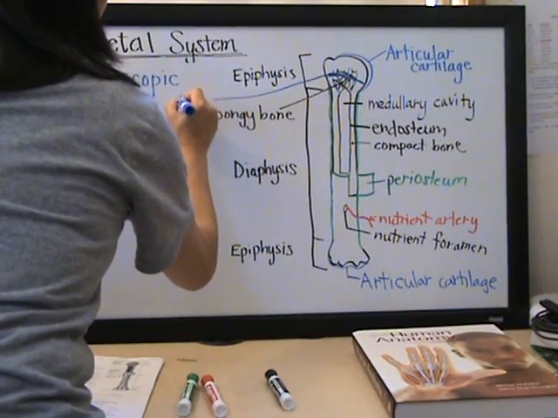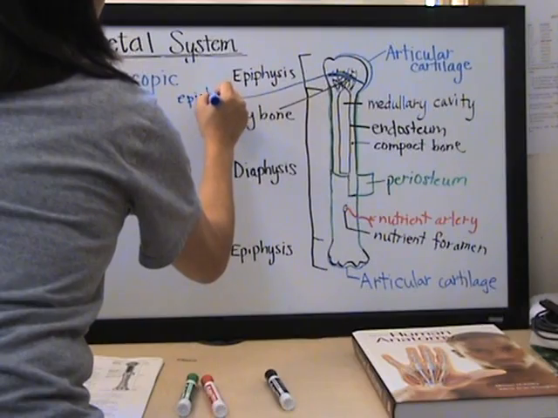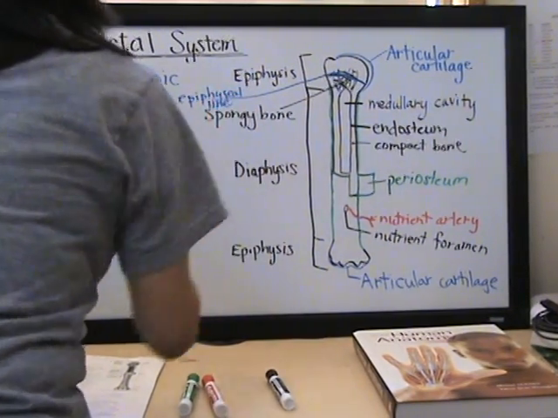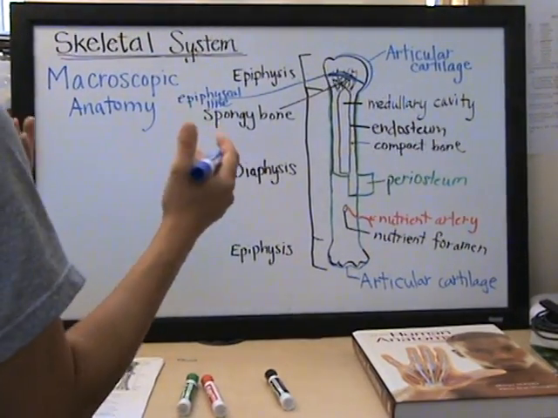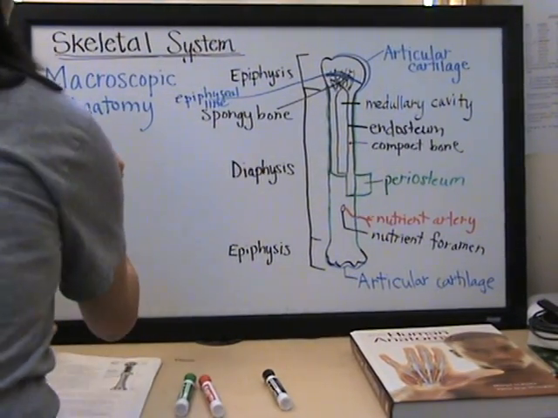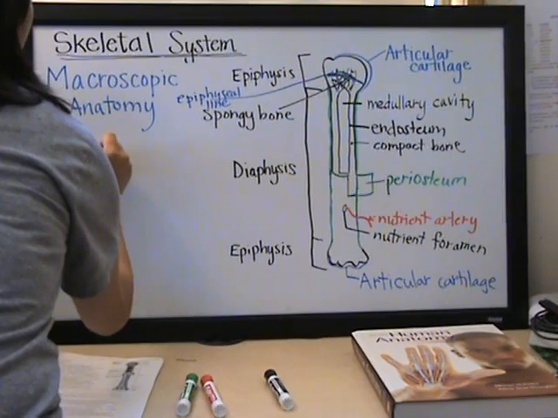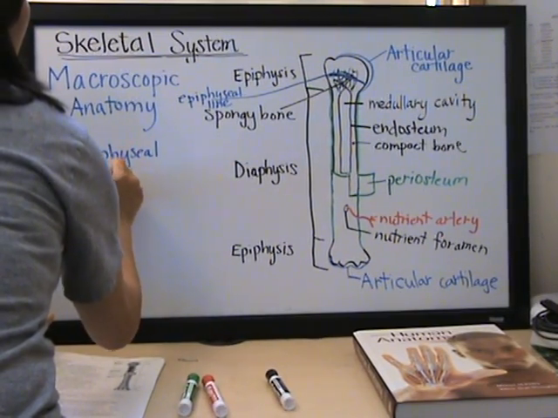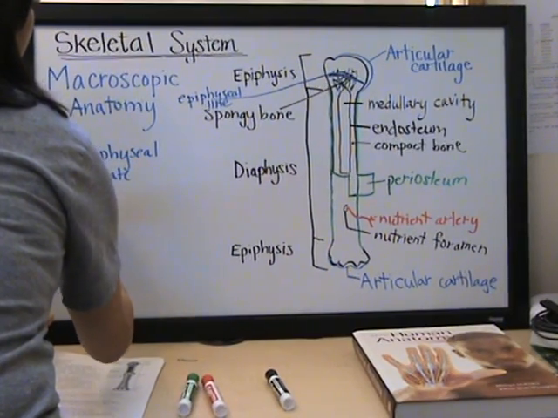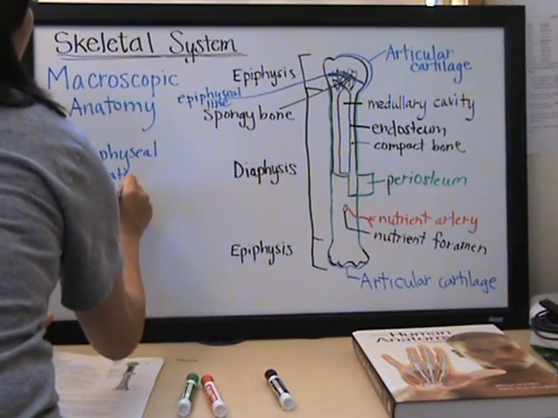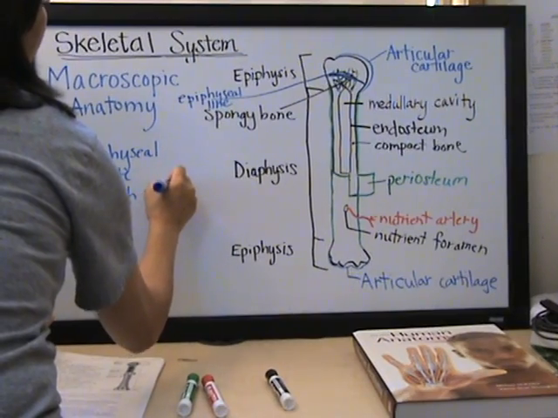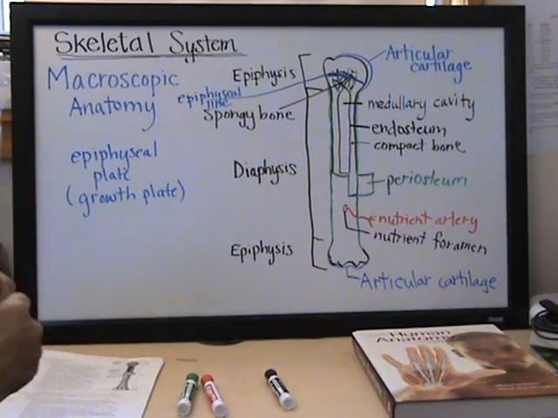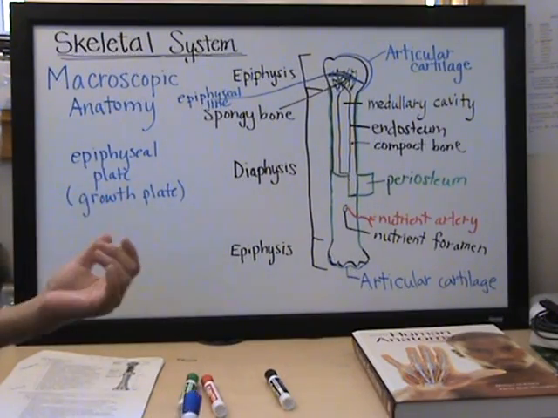This is called the epiphyseal line, which is a remnant of what used to be called the epiphyseal plate. The epiphyseal plate is the growth plate. And the growth plate is a band of cartilage that is eventually converted into bone.